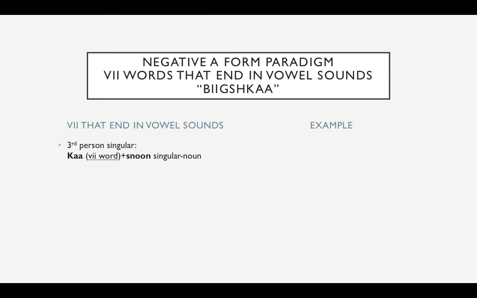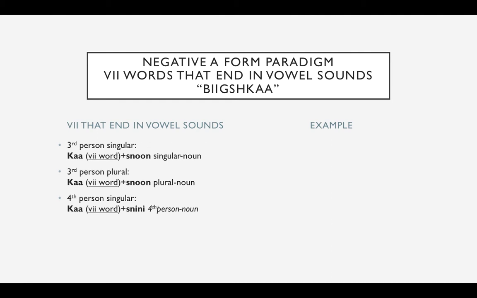So, for our third person singular, we have the word ka, which is our variation for the word no, then followed by our VII word, which is bikshka, and then we're adding snown to the end. So that's how you do it for third person singular. Third person plural is the exact same way, but how you tell it's singular or plural is based on your noun.